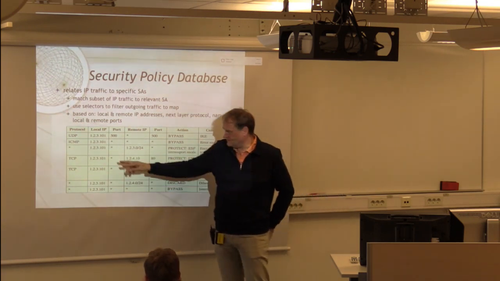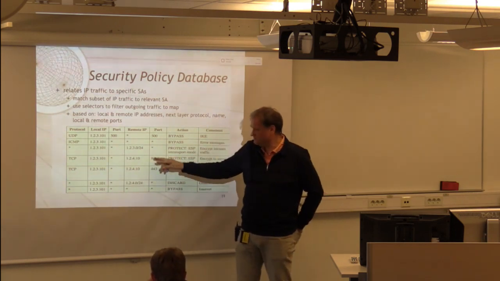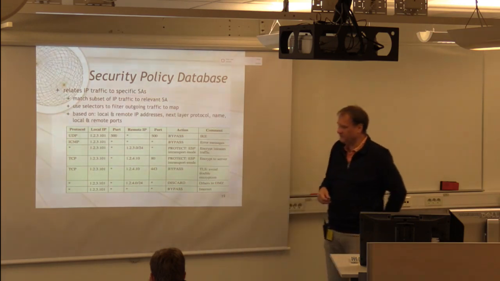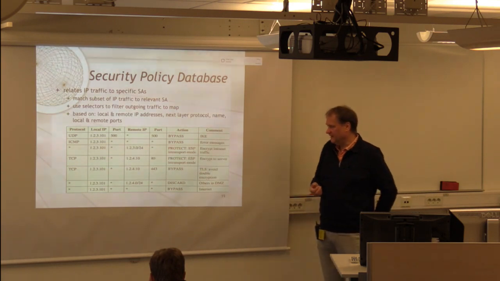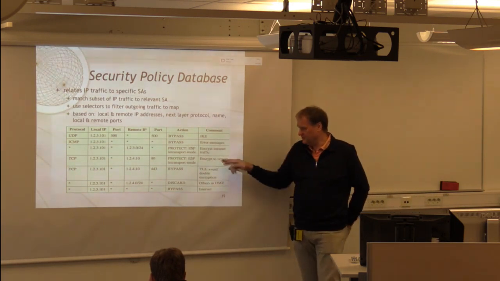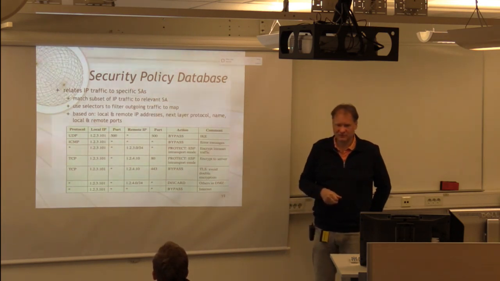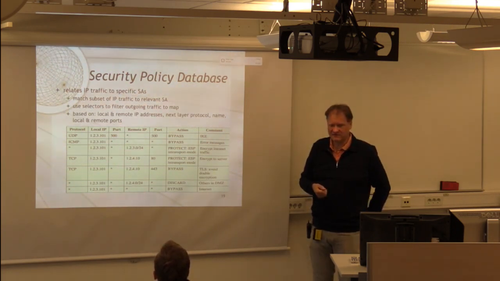And then we say that TCP traffic between this computer and another computer using port 8443, so that would be a web server then. If it's 80, we should protect it with ESP. If it's 443, we should bypass it, because it will already be protected then with TLS. So there's no idea to protect it again. It would just be a waste of time.